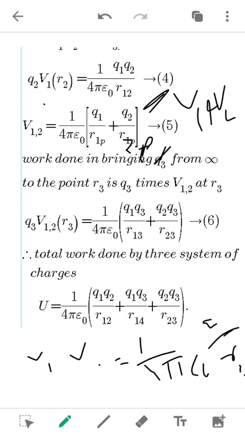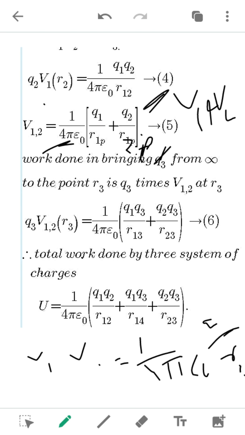Now another charge, as I told you, it is the system of three charges. Another charge Q3 is brought from infinity to a certain point at a distance R13 from Q1. So we have to multiply Q3 with this fifth equation.